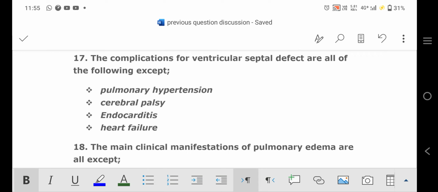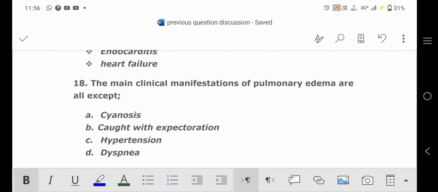Next question. The main clinical manifestations of pulmonary edema are all except. Here also a negative question is coming. Options are cyanosis, cough with expectoration, option C hypertension, and option D dyspnea. Okay, here is a correction.